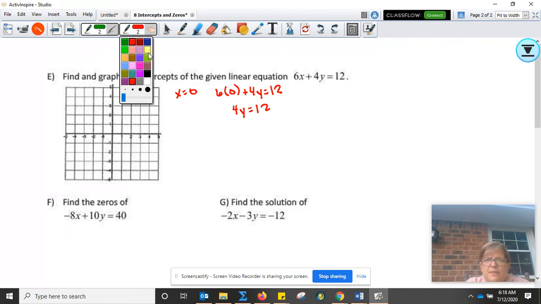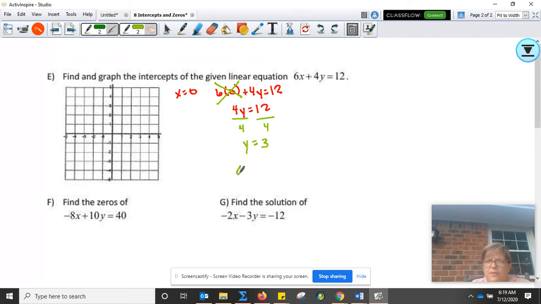Anytime you have 0 times something, it just goes away. So I'm just going to put an x on that. Okay, divide both sides by 4, and y is equal to 3. So your ordered pair would be (0, 3). That's your y-intercept.